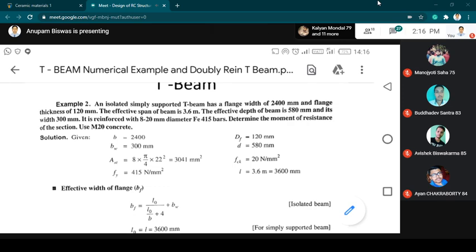Show me the value of XU, how much it is coming, and also whether the value of 0.43 XU is coming more than or less than DF, that you check to conclude whether the assumption that you are considering is right or wrong.